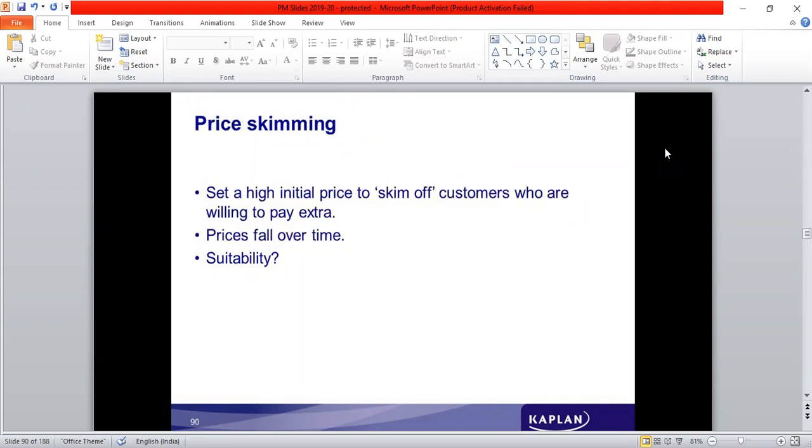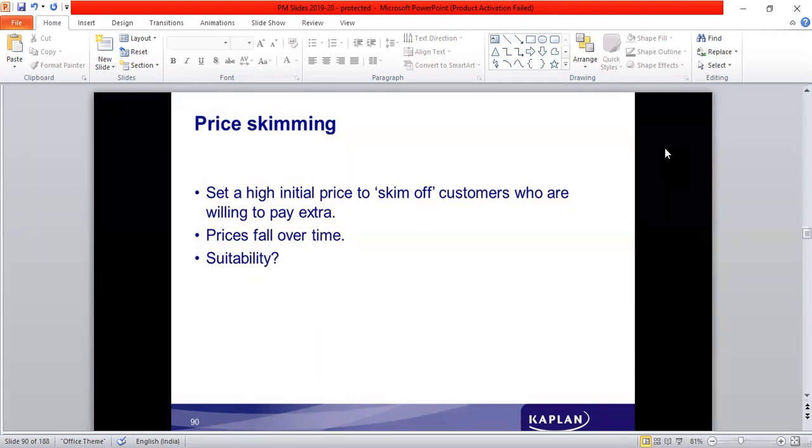So that's the concept. They do not want to wait for a longer period of time till they break even. They want to break even as early as possible, because of the uncertainty about the life of the product and because the initial costs incurred are quite high. So they decide on the selling price at a very high price.